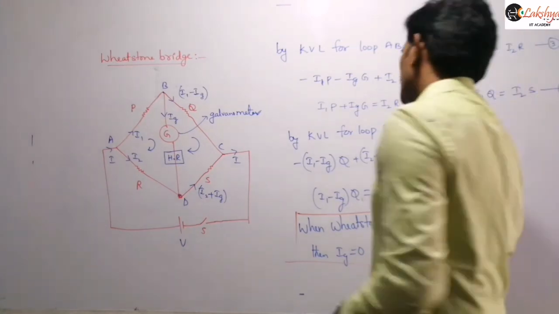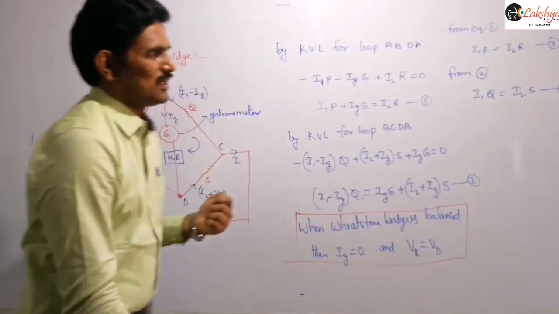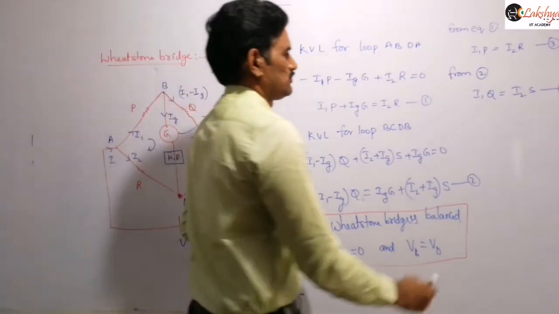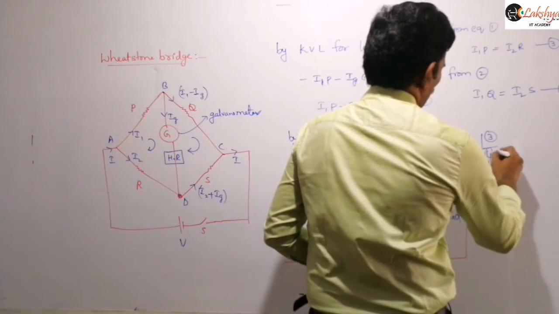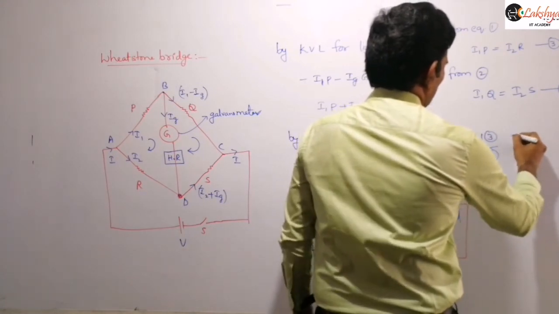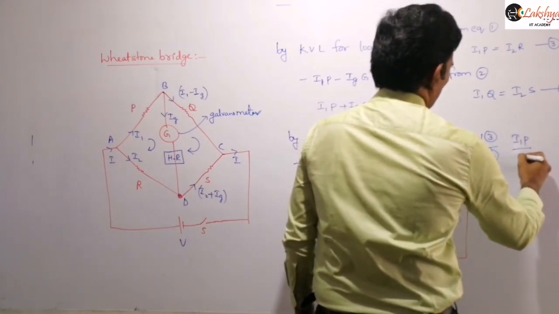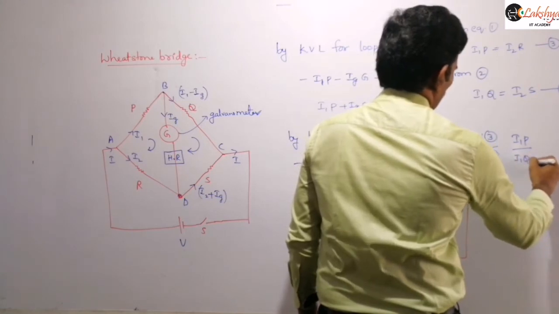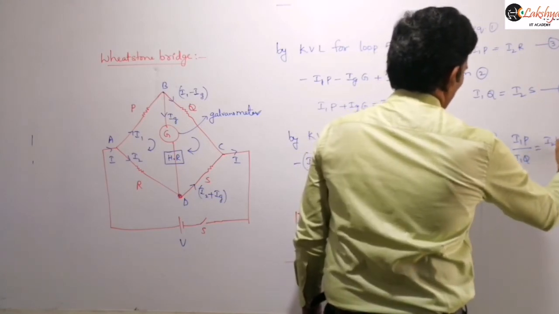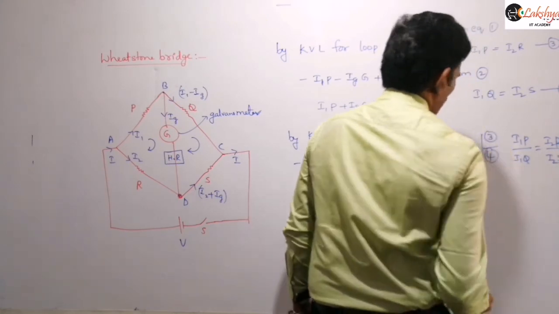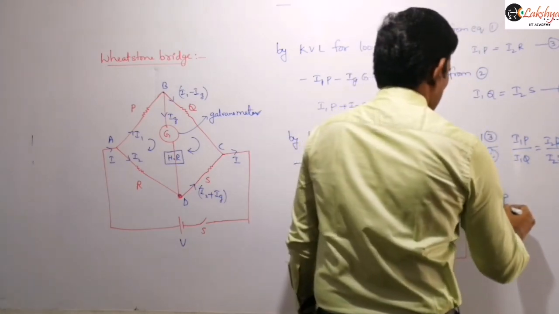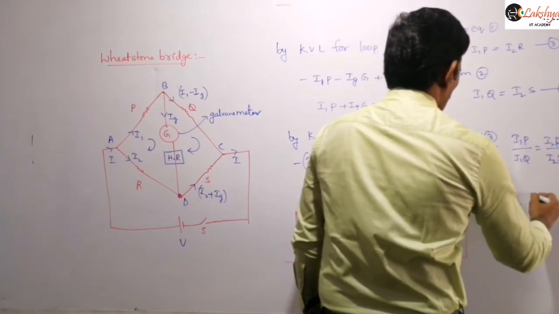Now let us take the ratio of equation 3 and 4, equation 3 by equation 4. If you find this ratio, then I1 into P by I1 into Q is equal to I2 into R by I2 into S. So from that what we can write is P by Q is equal to R by S.